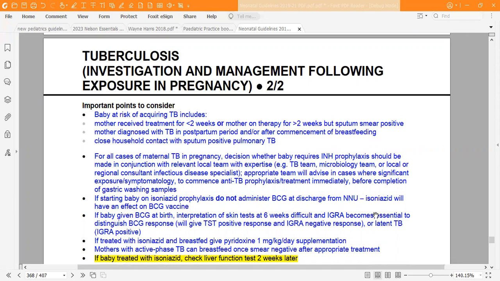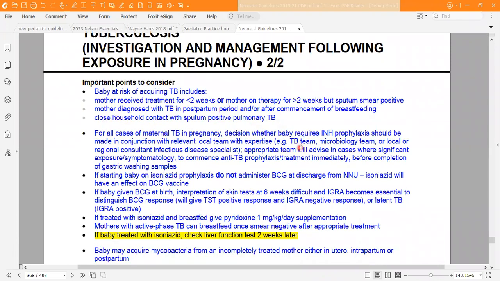Also, mother diagnosed with TB in the postpartum period and or after commencement of breastfeeding, or a close household contact with sputum positive pulmonary TB.